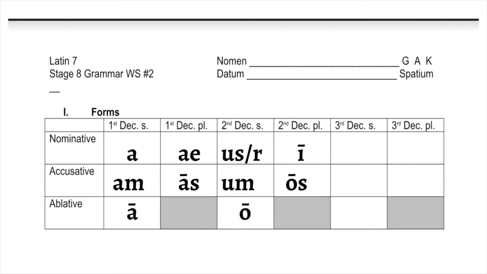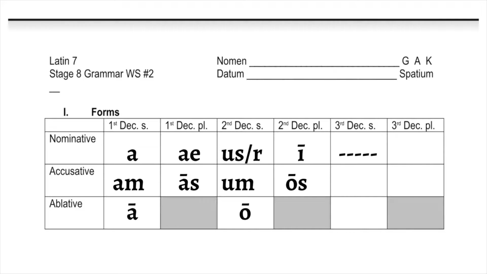All right, let's move on to third declension. As we know, the nominative singulars in the third declension vary widely. They can be many different things. They could be canis, dog, or leo, lion.